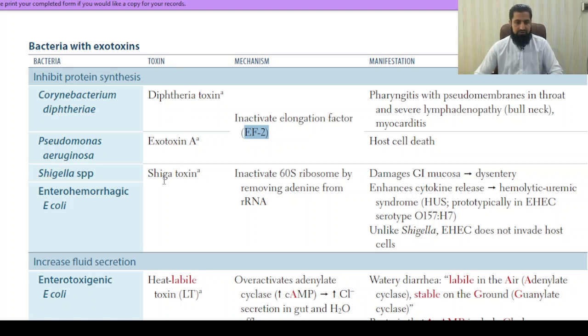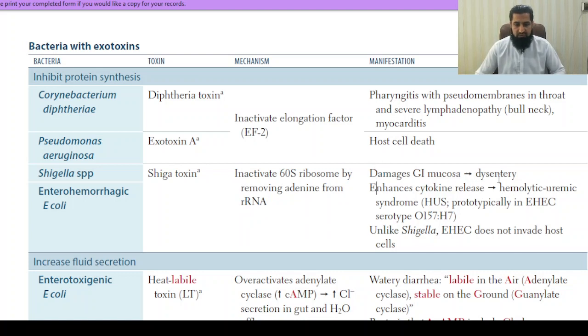Shigella species toxins are Shiga toxins, and enterohemorrhagic E. coli. Both of these have Shiga toxin, and both inactivate the ribosome 60S subunit by removing adenine from ribosomal RNA.